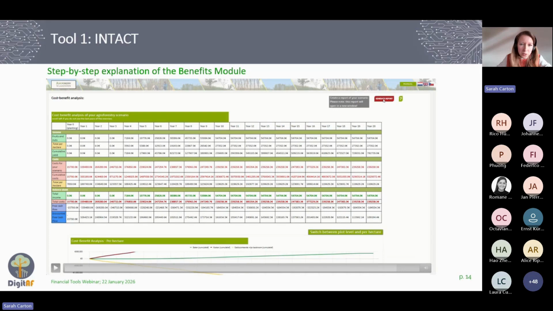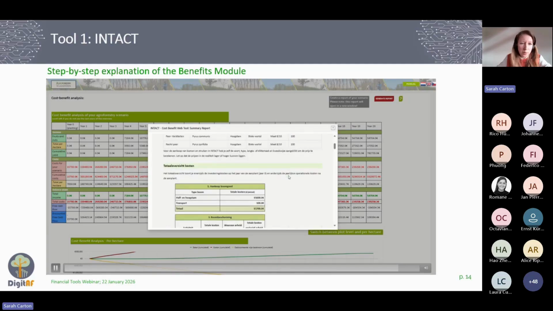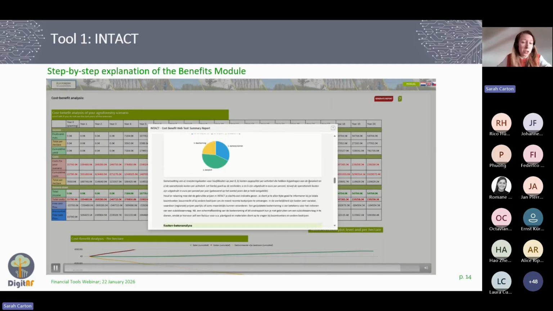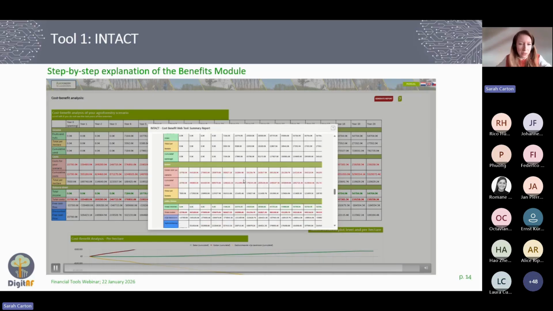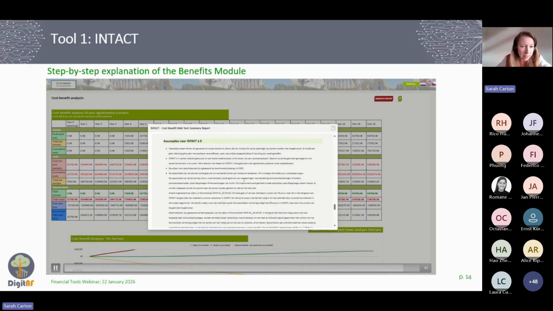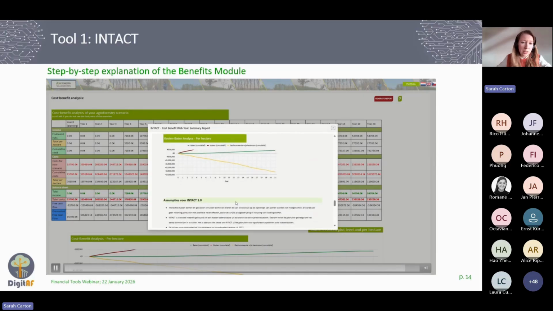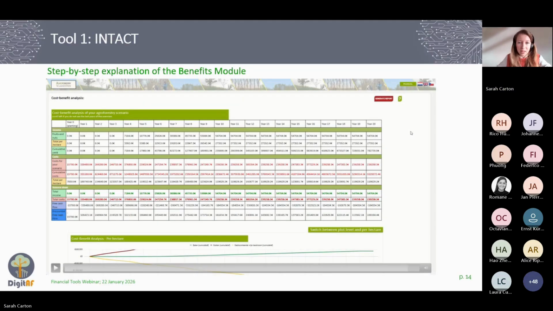There is a button to generate a report, and you can click on that, and then a report will be created for you. It summarizes all options that you clicked, so that's nice. You can really use this as a scenario. And there are also all assumptions and the disclaimer at the bottom. So it's important to read that carefully. All right.